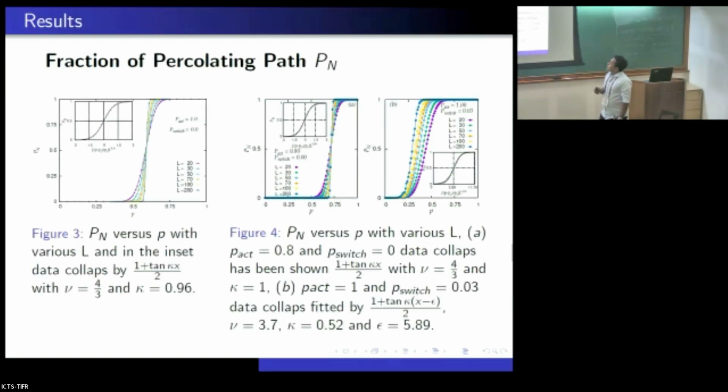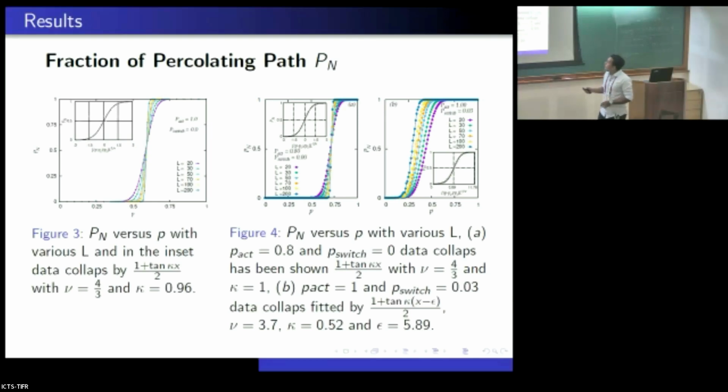We study the fraction of percolating path, that is Pn. We study with a p-value, the initial distribution of waiting and inactive cells. For P act 1 and P switch 0, this critical value is around 0.59, which is actually close to the original standard value.